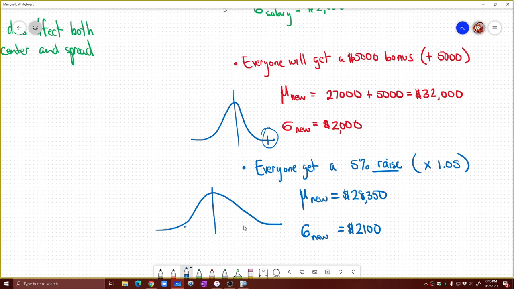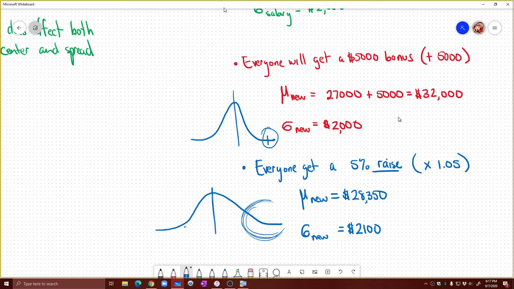Versus in this plan here, okay, the average salary went up, but not as much. But now the spread is starting to open up a little bit more. So now more people are kind of entering into these higher echelons. So this is where people kind of weigh their options.